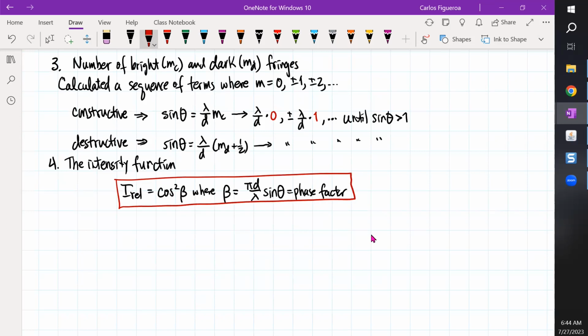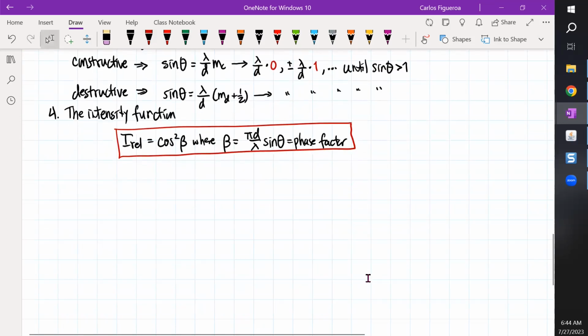Now, if we plot this, here's what we found about the intensity. It was most useful to use the beta factor instead of something else, like the angle.